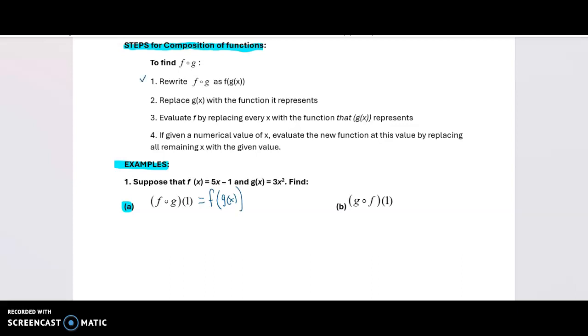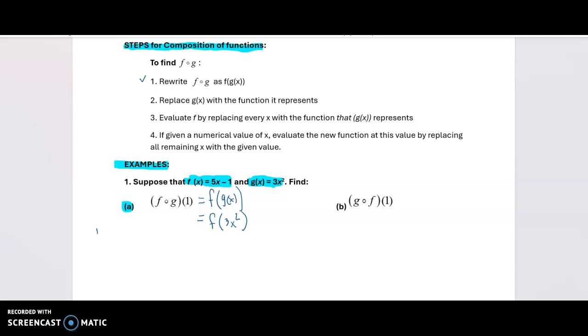We are going to replace g of x with the function it represents. Now, in this example, f of x represents 5x minus 1. g of x is 3x squared. So what I'm going to do is rewrite this as f of 3x squared.